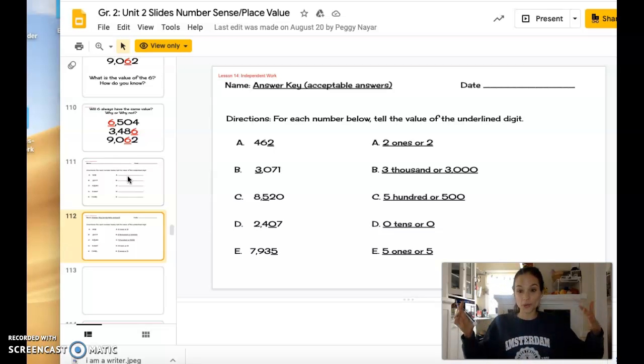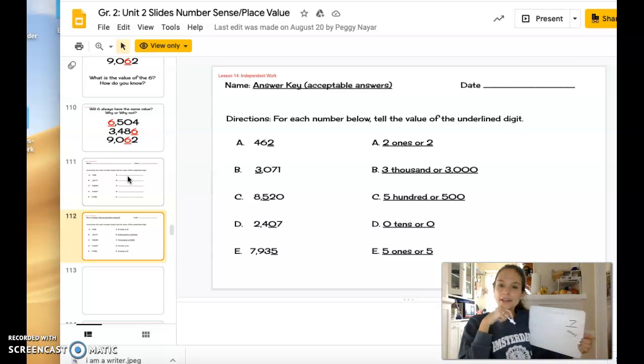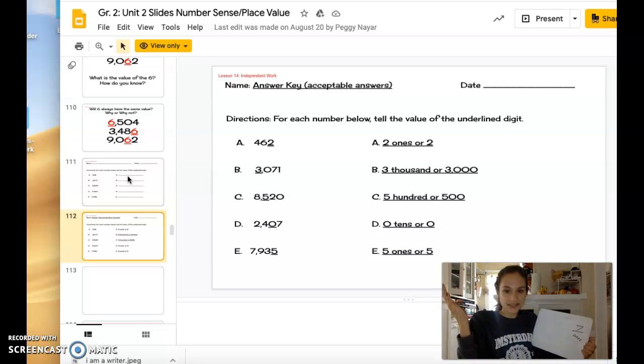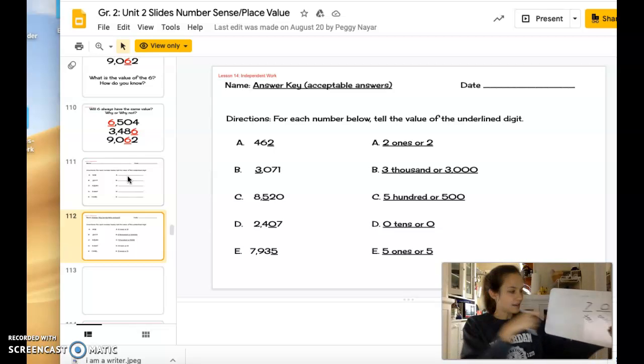Thinking about the value of a number, remember, the value changes based on the place value. So if I have the number 7 in the ones place, this number is just 7. If I said I have 7 cookies in the cookie jar, I just have 7. But if I had 70 cookies in the cookie jar, with the 7 in the tens place, 70 is many more than 7, 63 more cookies.